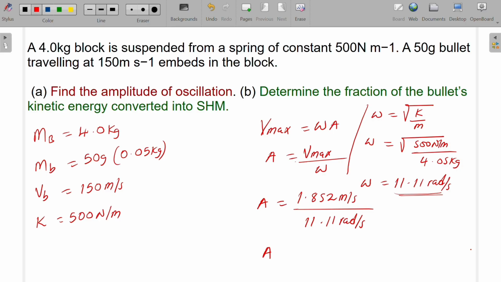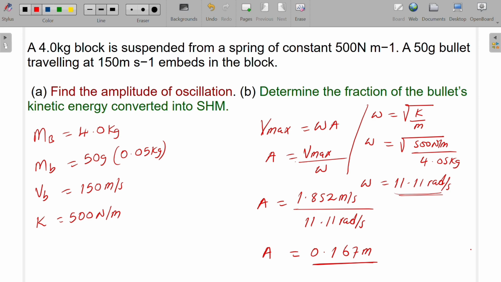Then when we do our mathematics here, let me see what we are getting as amplitude. All right, so when we do that, what we are getting is 0.167. It's 0.166. It goes like that. So rounded off to 3 decimal places, we're getting 0.167 meters. So this is the amplitude that we're looking for.